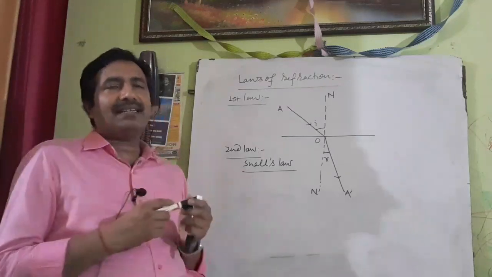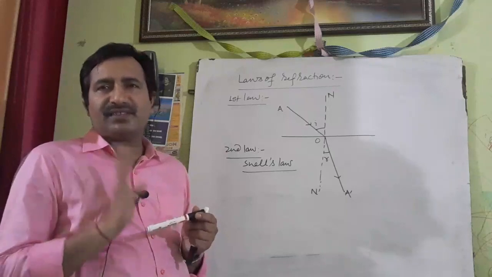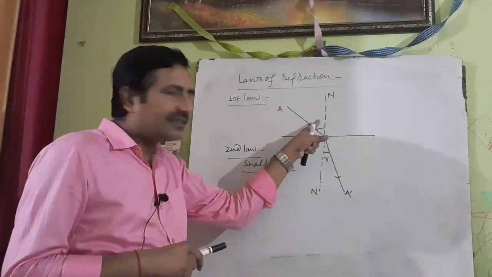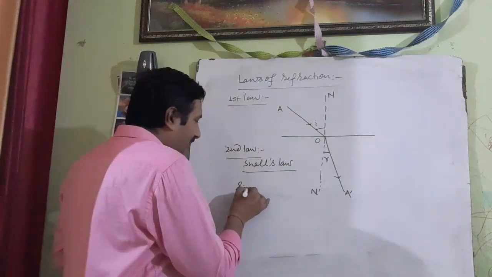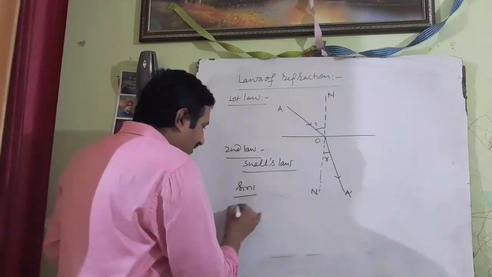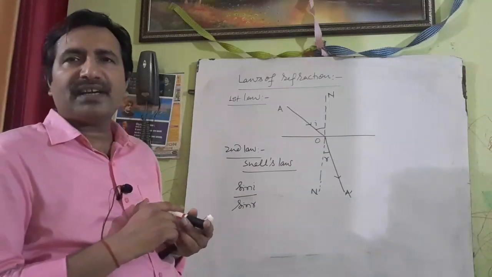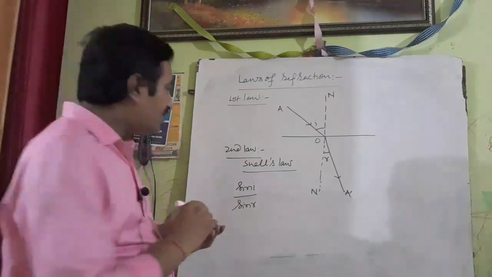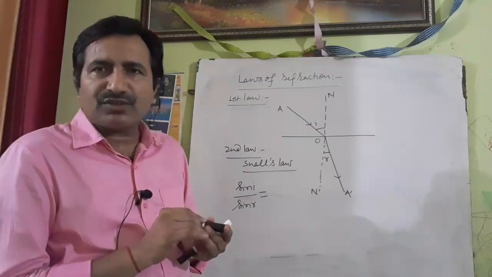This states that the ratio of sine of the angle of incidence, where I is the angle of incidence, to the sine of the angle of refraction is always a constant. And what is that constant?